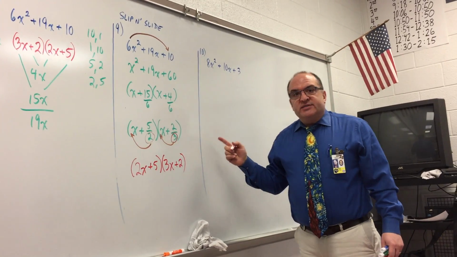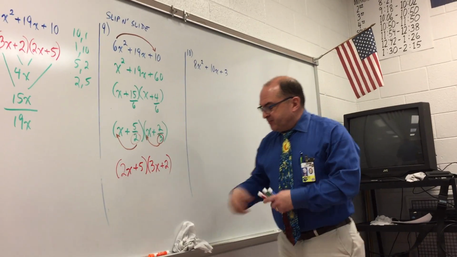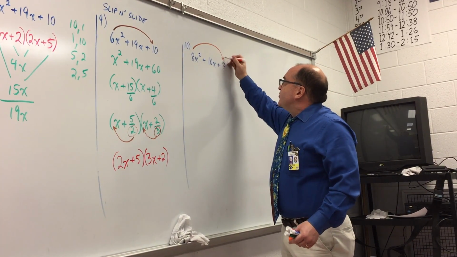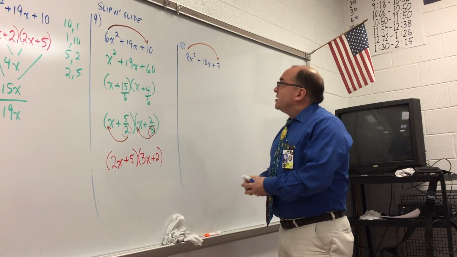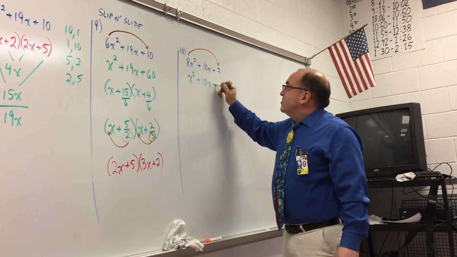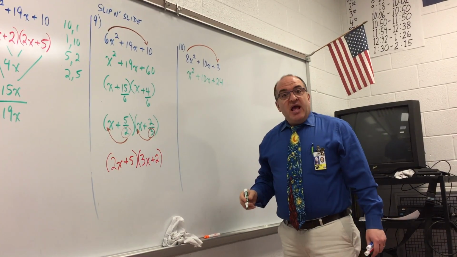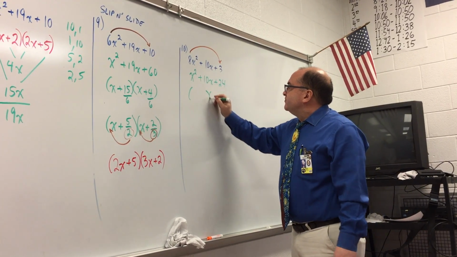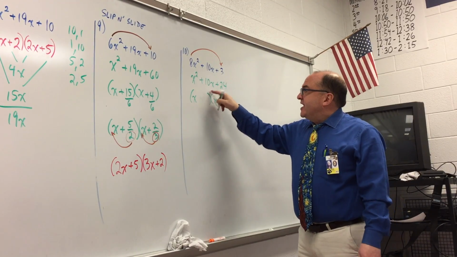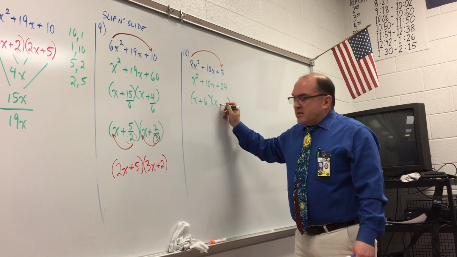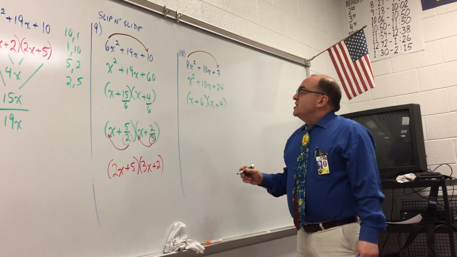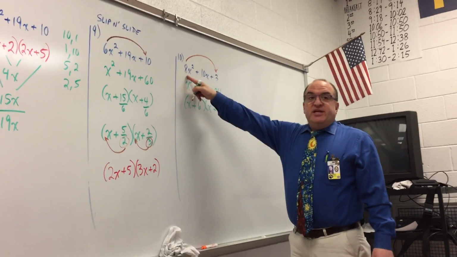I'm going to do one more example with slip and slide. Over here, I'm going to take 8 times 3. And I will have x squared plus 10x plus 24. And now I'm going to factor. X and x. What times what makes 24 that added together makes 10? Thank you very much. 6 and 4. Now, remember this 8?